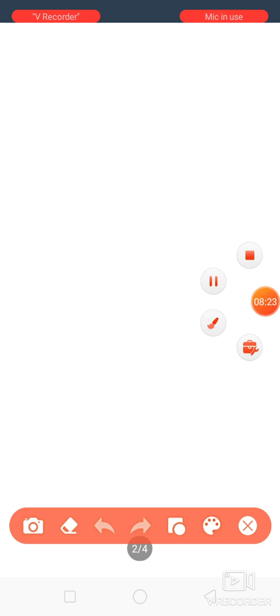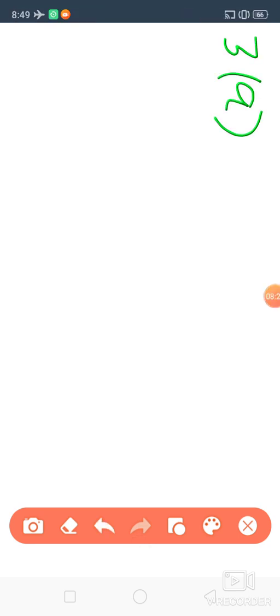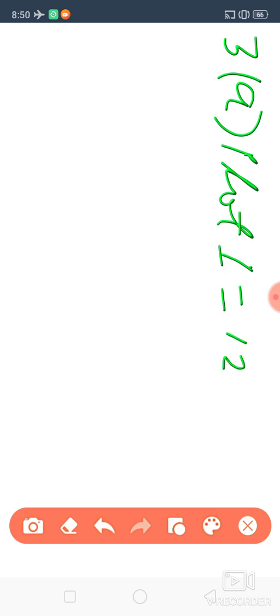Okay. So in question number 3a, what is the question? How much money did she spend altogether? So 2 plots. Plot 1, what is the cost? The cost is 1,23,456 rupees. This is the cost of the first plot.